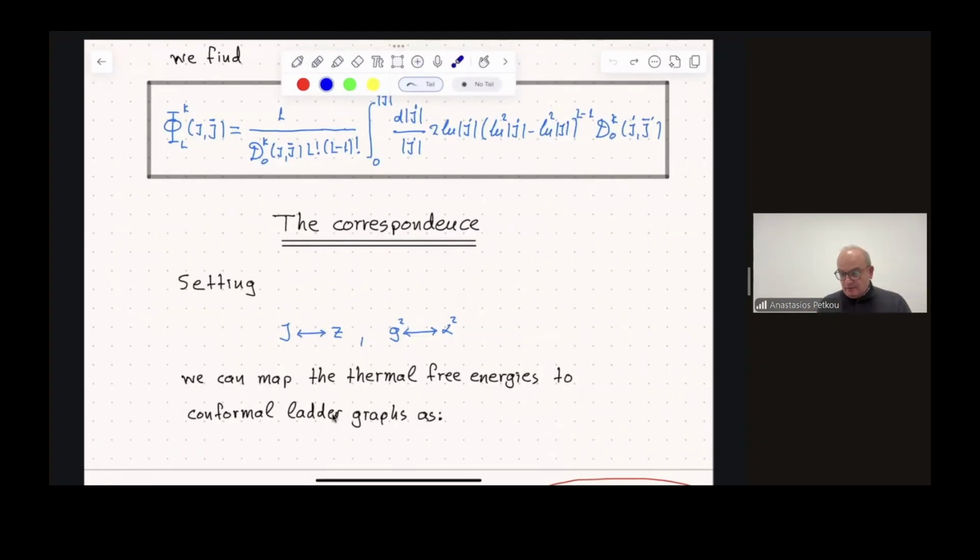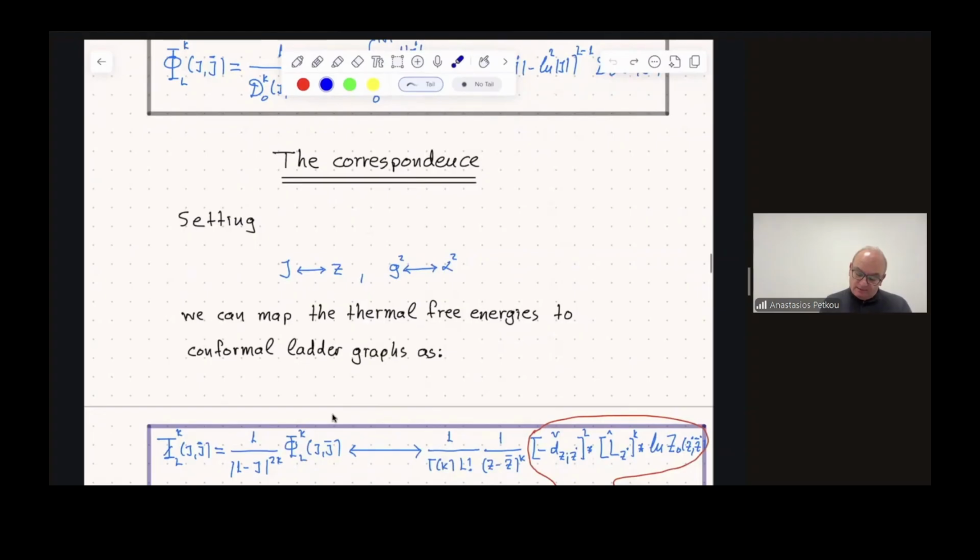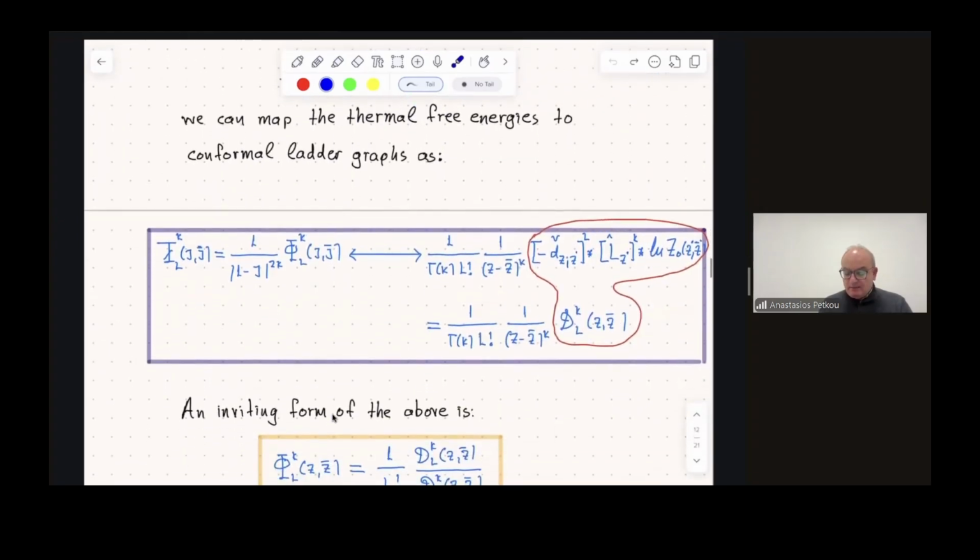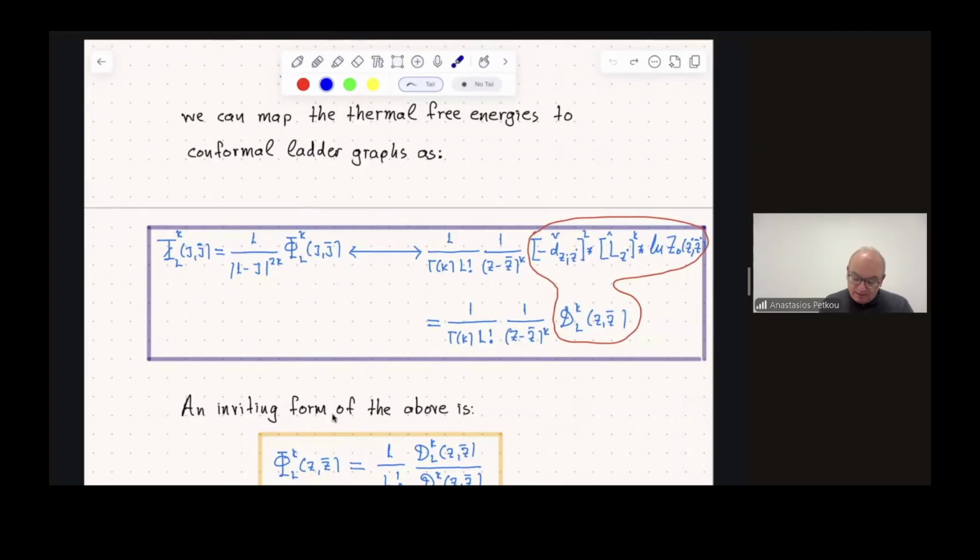They look very different. They discuss completely different physical quantities in a sense, but they are exactly the same. If zeta is associated with z, remember zeta is a cross ratio, z is a kind of modular parameter, and if this coupling g is associated to alpha, this parameter, they are completely mapped. So on one hand, I have this integral, which is given by that.